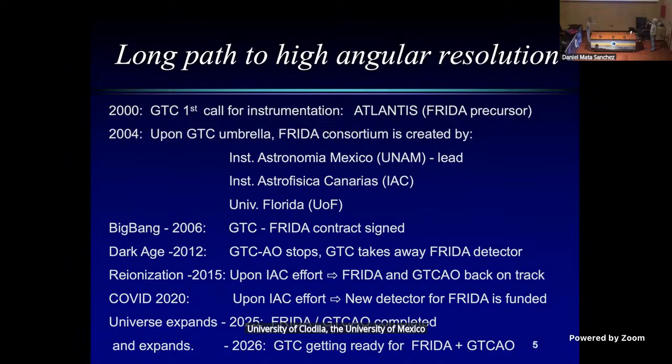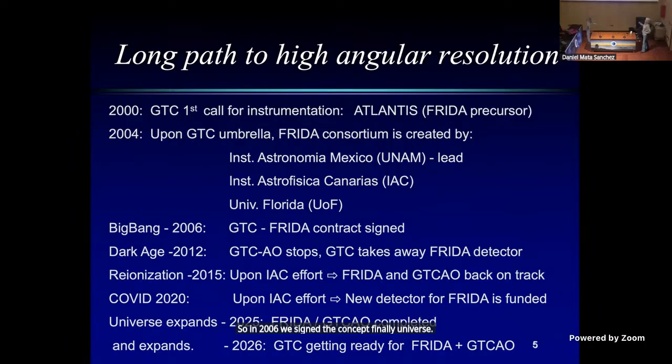I see we start before the Big Bang. Yes, because we are pioneers. Exactly. So in 2006 we finally signed the contract, but now we are in the line of the universe.